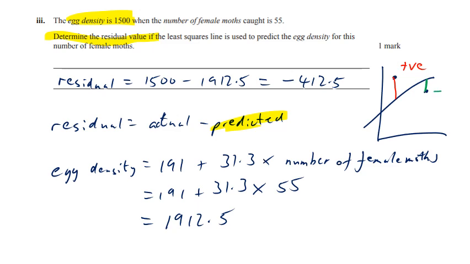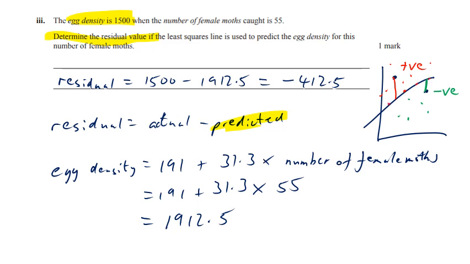That's down, and that's going to be negative. I know it sounds funny, positive is red and negative is green, but that's what it's saying. So any dot on this side is going to give a negative residual, and any dot on this side is going to give a positive residual. And if you're exactly on the line, 0.